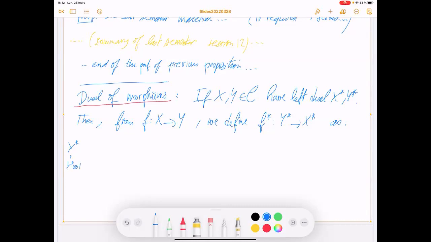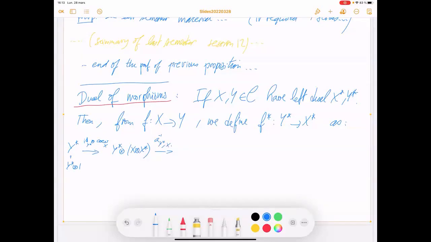You apply the identity of Y star tensor the co-evaluation of X applied on the 1. So you have Y star, and then you have X tensor X star given by the co-evaluation. Here you apply the usual associativity constraint, in fact its inverse.